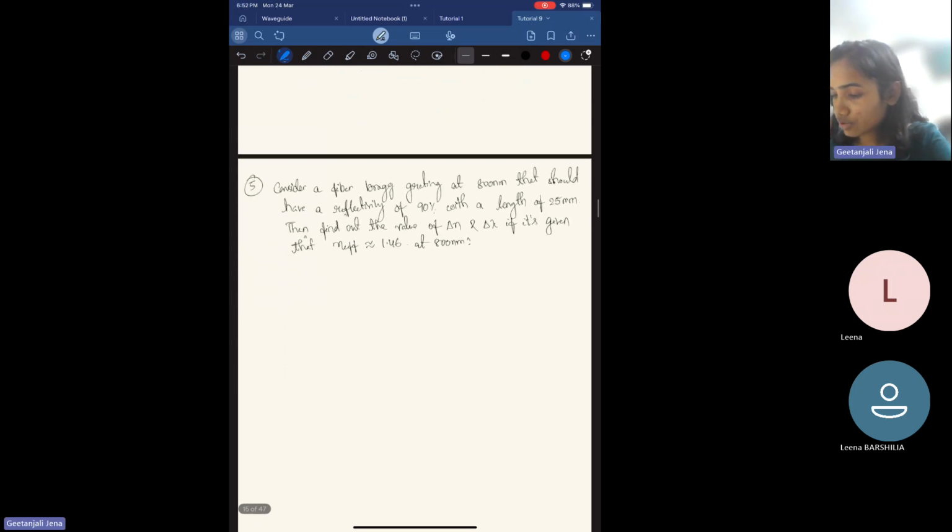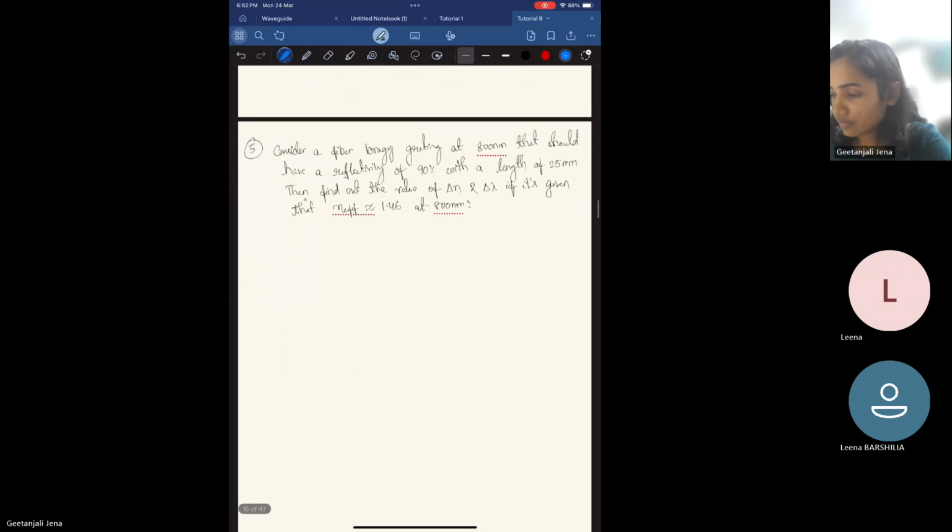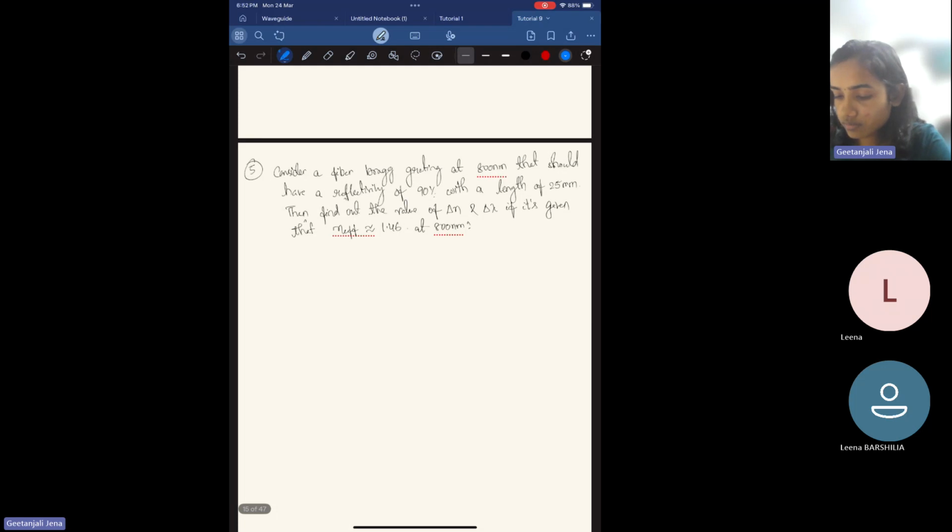Okay, let us see what question number 5 is. Go through the question once. This question number 5 is related to what we've seen in question number 4. The question says: consider a fiber Bragg grating at 800 nanometer that should have a reflectivity of 90% with a length of 25 millimeter.